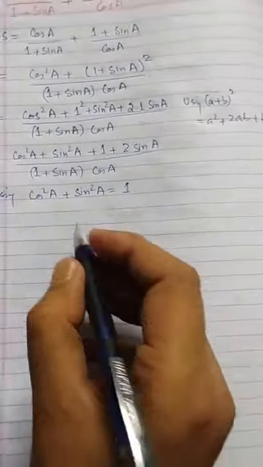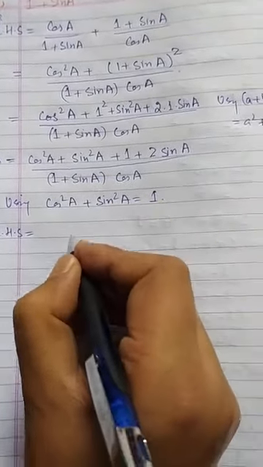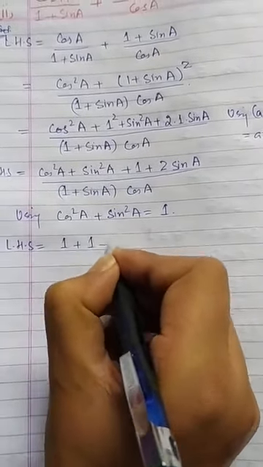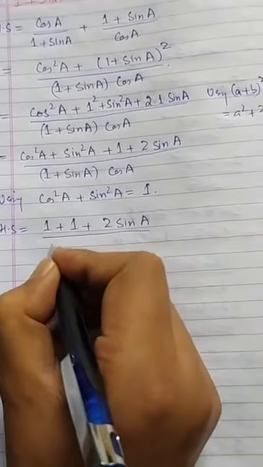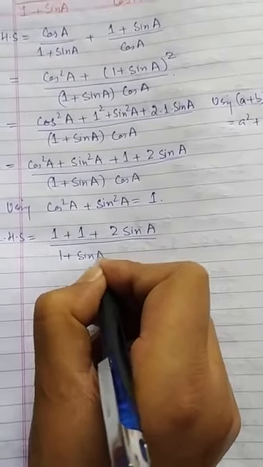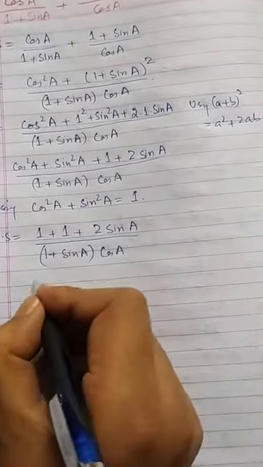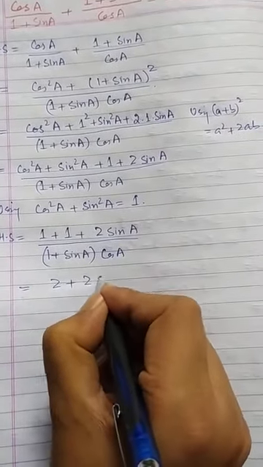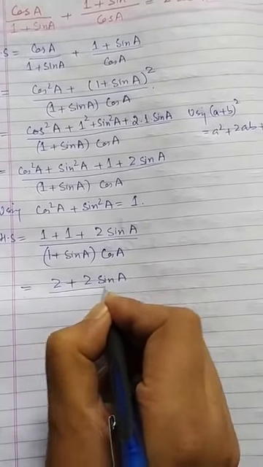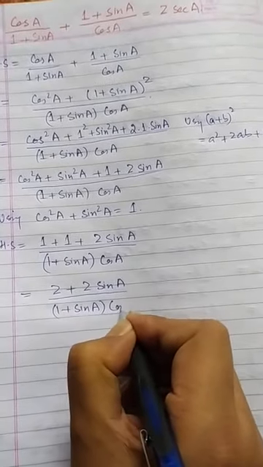When we use this, our LHS becomes 1 plus 1 plus twice sin of A, whole divided by (1 plus sin of A) into cos of A. This is equal to 1 plus 1, that is 2, plus twice sin of A, whole divided by (1 plus sin of A) into cos of A.